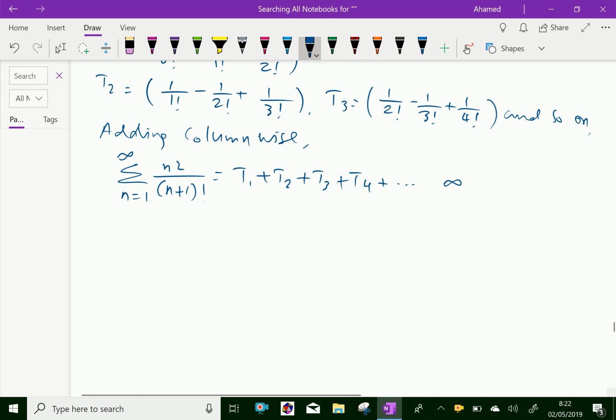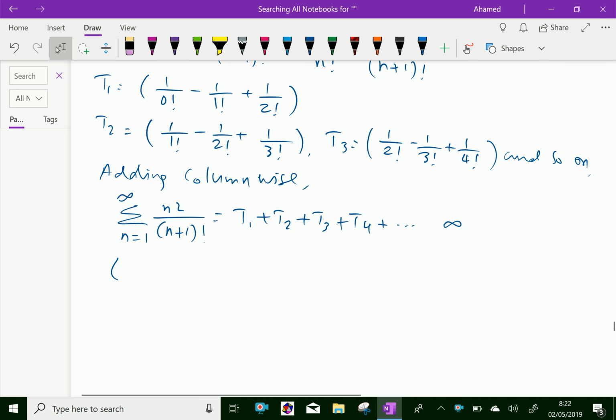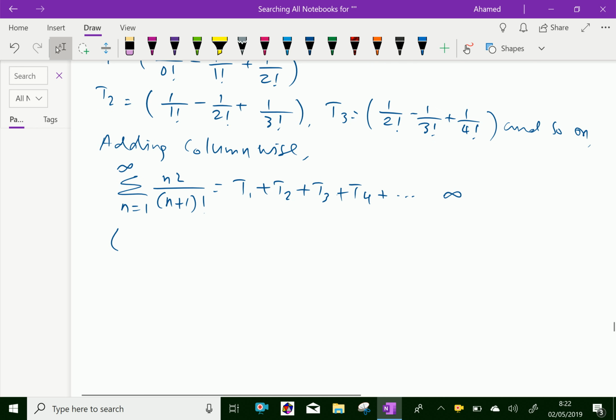Now we have the terms. First, t1 is 1 over 0 factorial plus 1 over 1 factorial plus 1 over 2 factorial plus up to infinity.